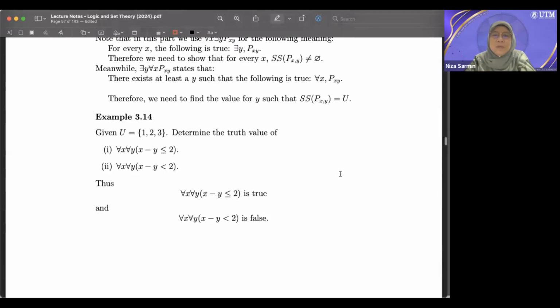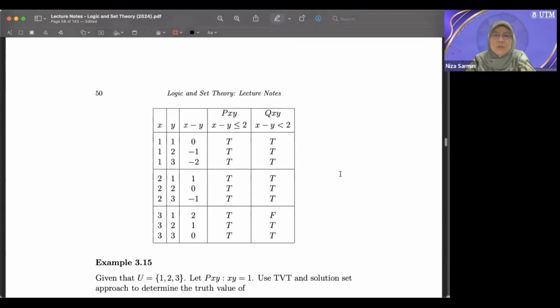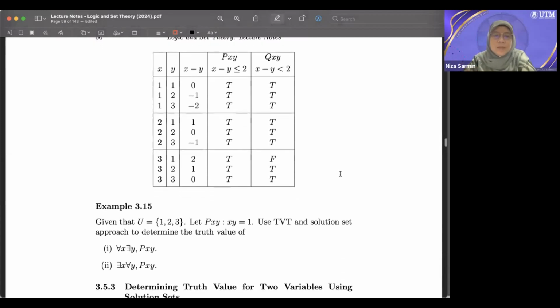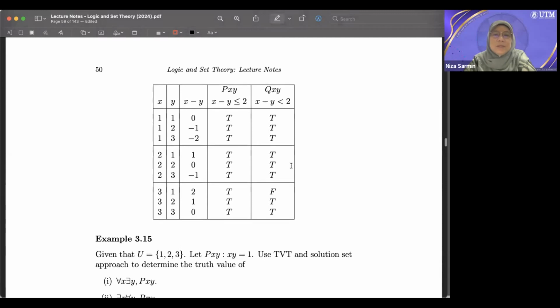Again, there will be truth table like this. Okay, if you have both, you have to know there are some parts, right? So for example, X is 1, 2, 3. Okay, and you see this one is all true. That means for all cases, it's all true.